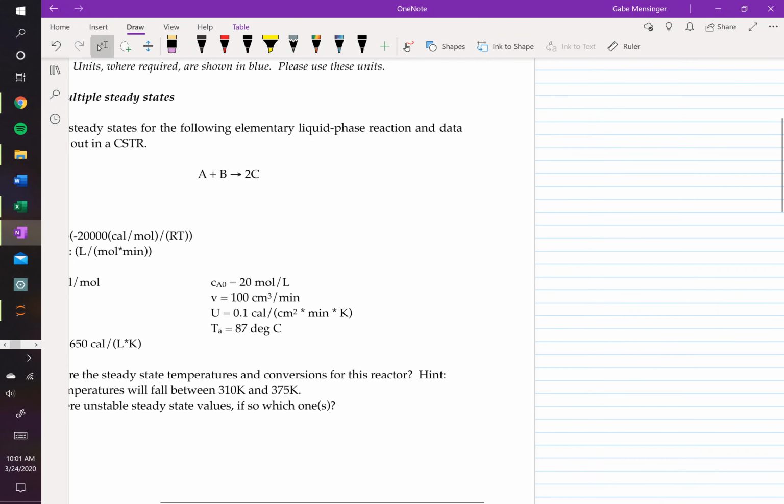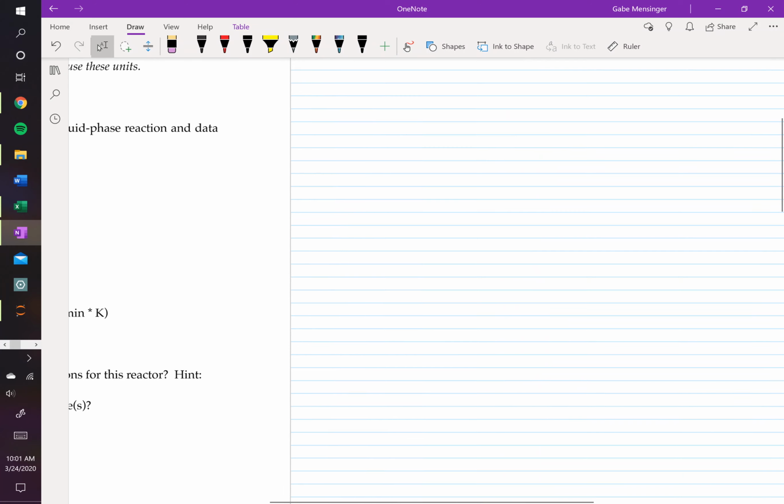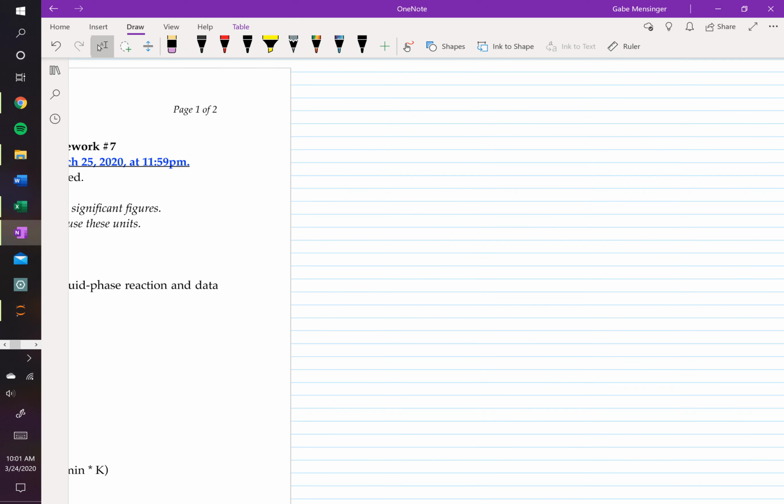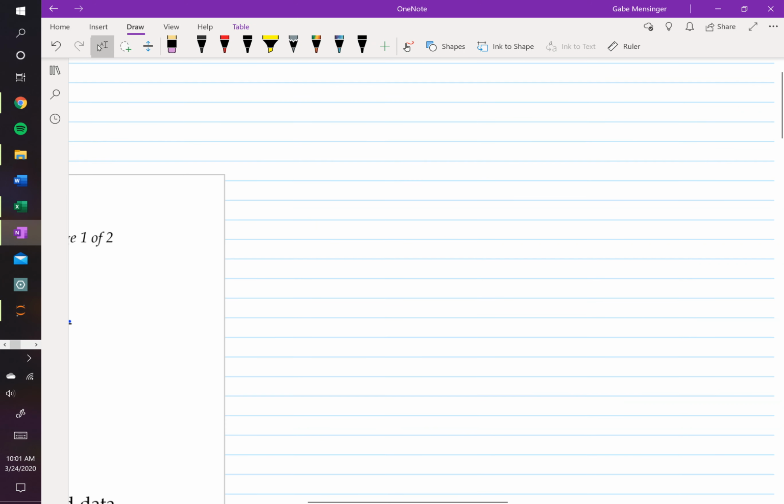So let's start off with finding the mass balance, because that's the one we've been doing the most. For the CSTR, the best place to start is with the design equation.